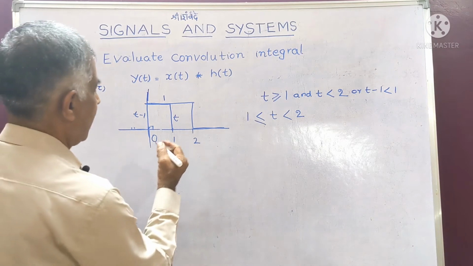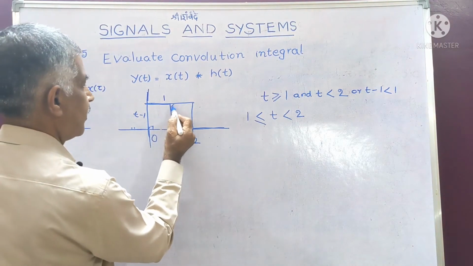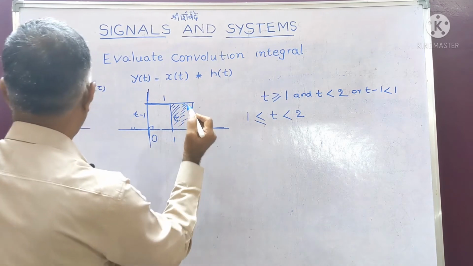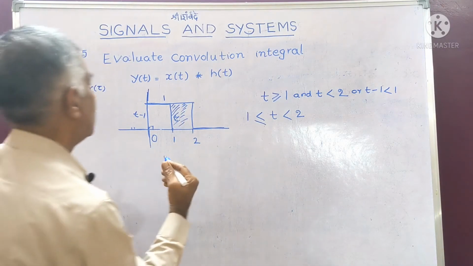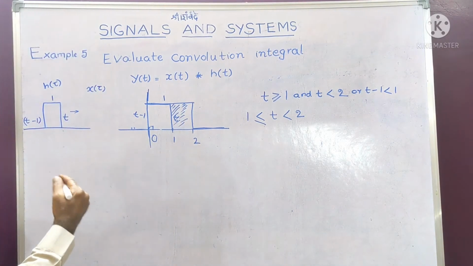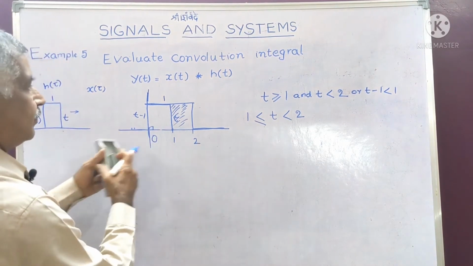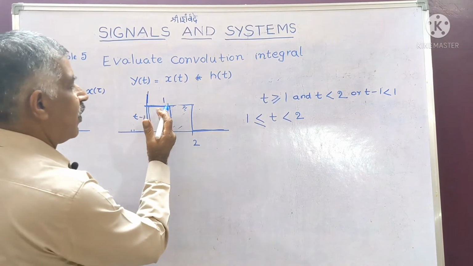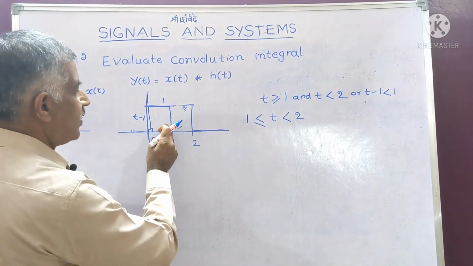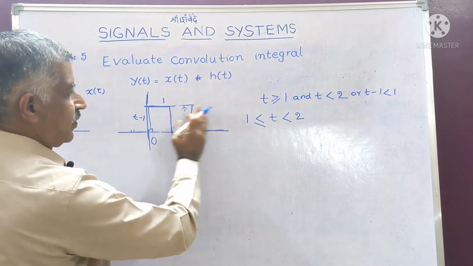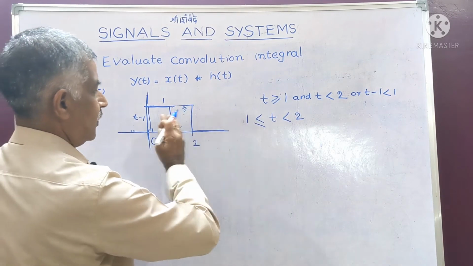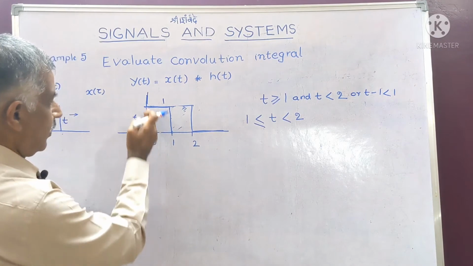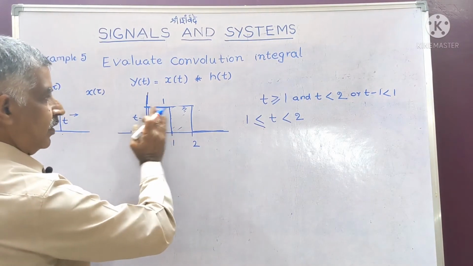Now this is overlapping. Now the waveform moves like this. This edge creeps this region, and at the same time this edge creeps this area.